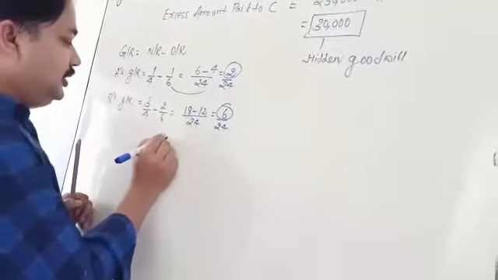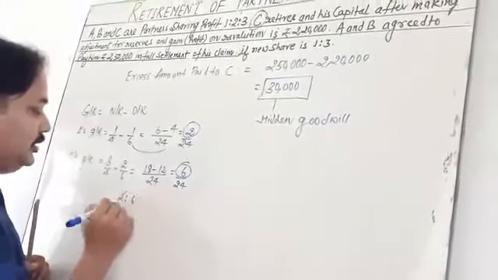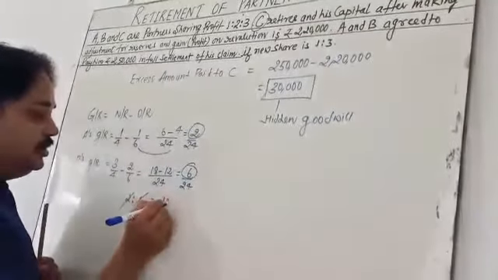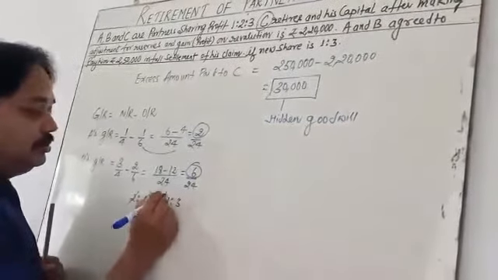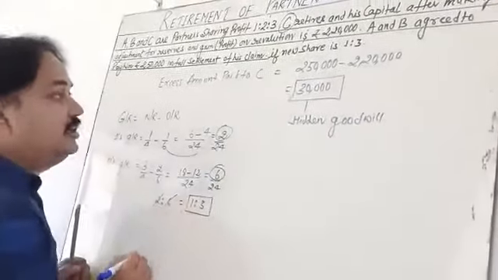So you observe that the gaining ratio is 2/6, which you cut down to 1:3. So 1:3 is the gaining ratio.